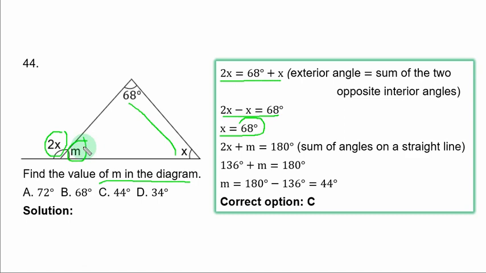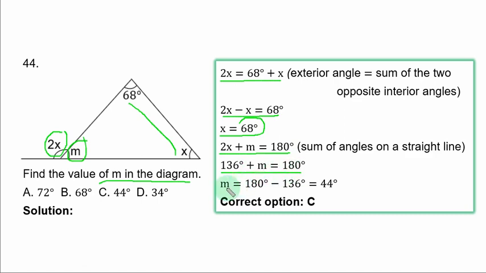You can use the sum of the angles in the triangle, or you add 2S to M equal to 180, sum of angles on a straight line. So you have 2S plus M equal to 180 degrees, sum of angles on a straight line. 2S is 2 times 68 degrees, that is 136, plus M equal to 180.